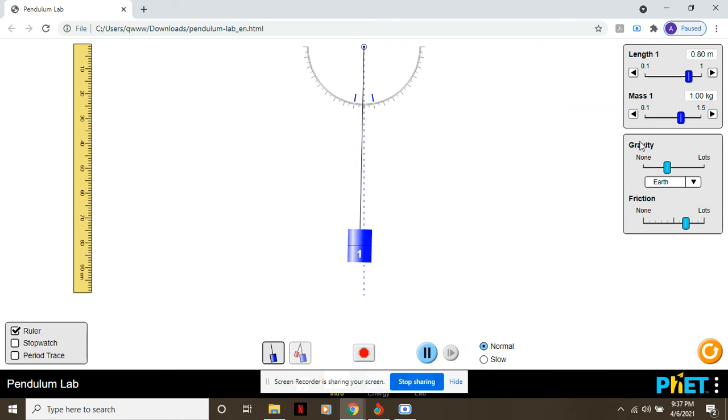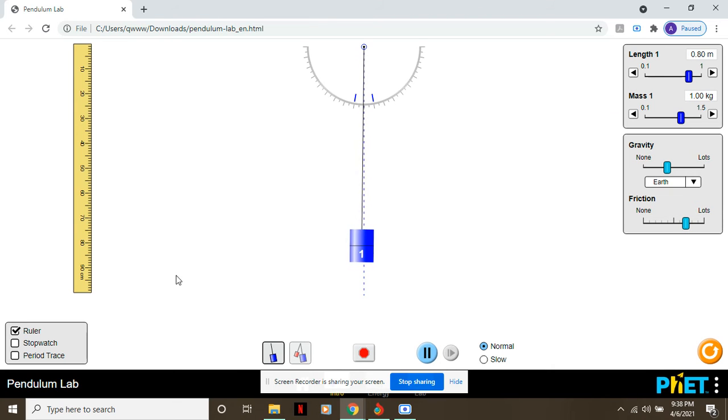Also, gravity here, you can increase the acceleration or the force due to gravity on the pendulum, or you can just use the slide down menu here, select the Moon, Earth, Jupiter, or a certain planet. So right now I have it set on Earth.